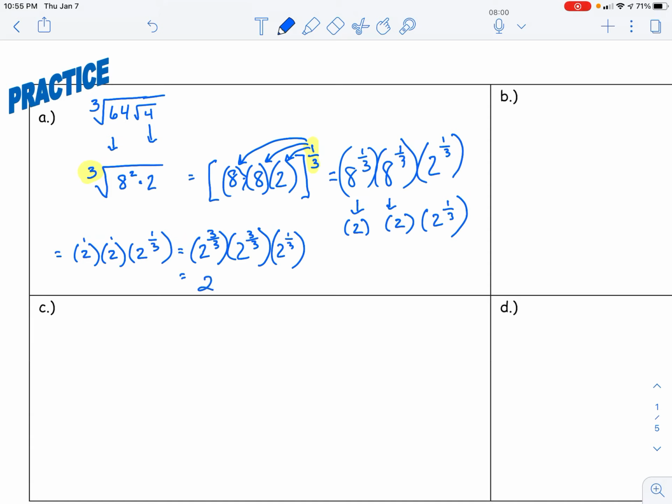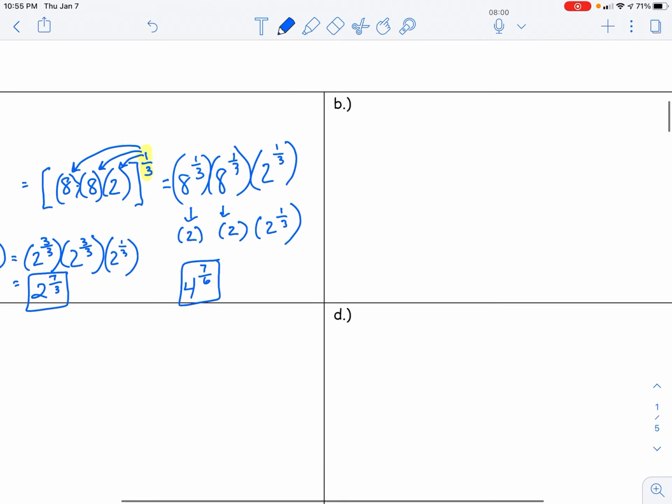I have a base of 2, and I'm going to add those exponents. 3 plus 3 is 6, and 1 is 7/3. That's the answer. Now, if some of you came out with an answer that's 4 with an exponent of 7/6, that is also correct. Okay, so I want to make sure that you knew that.